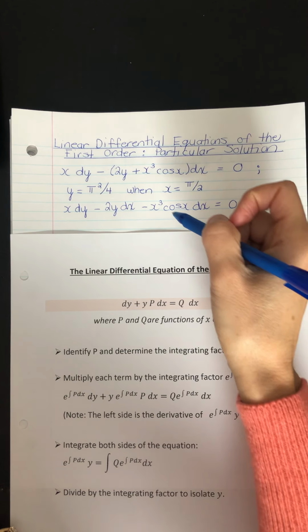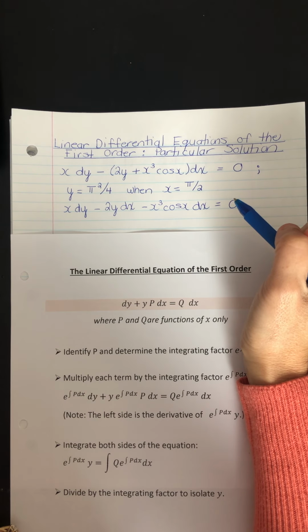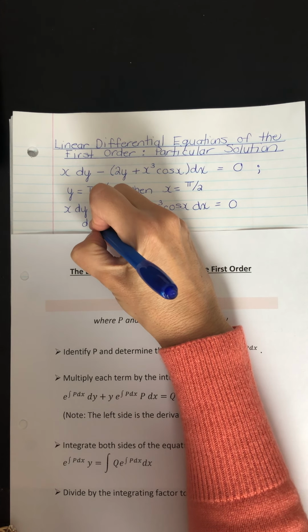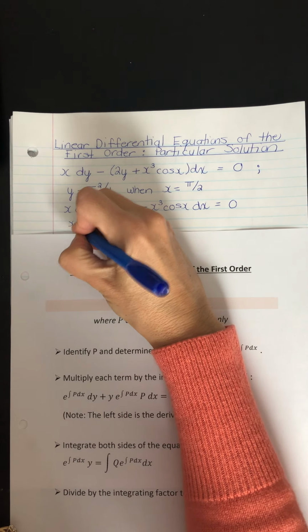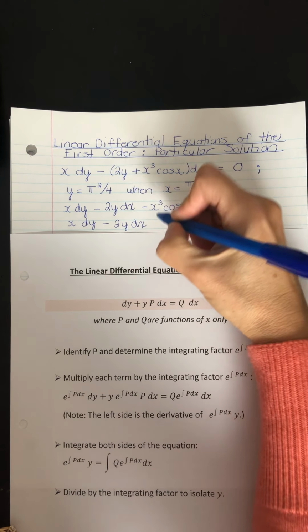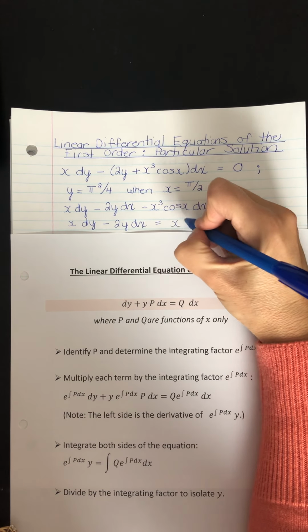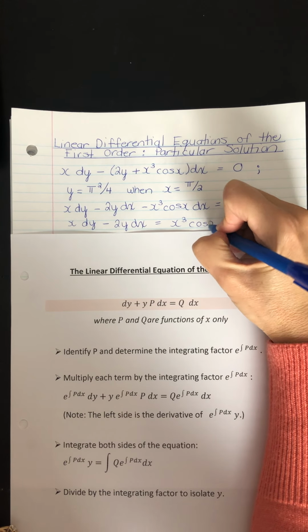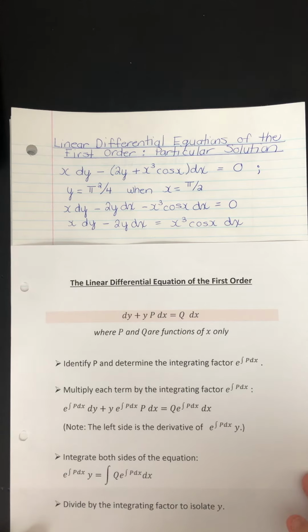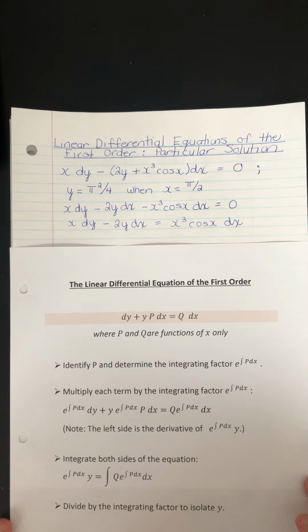And of course, it will be added. So this will now look like this. We will have here equals x cubed cos x dx, like that. Looking pretty good.